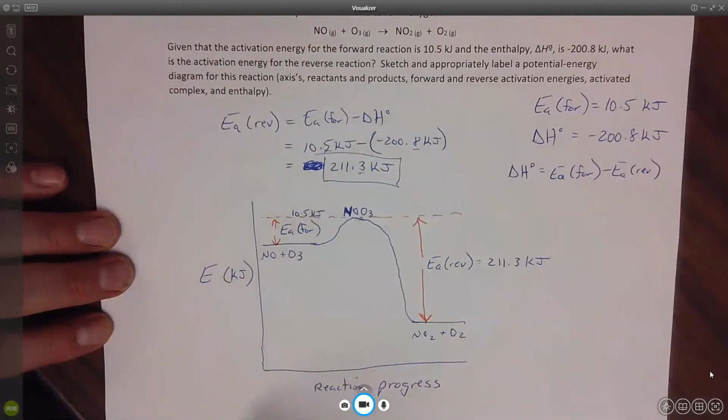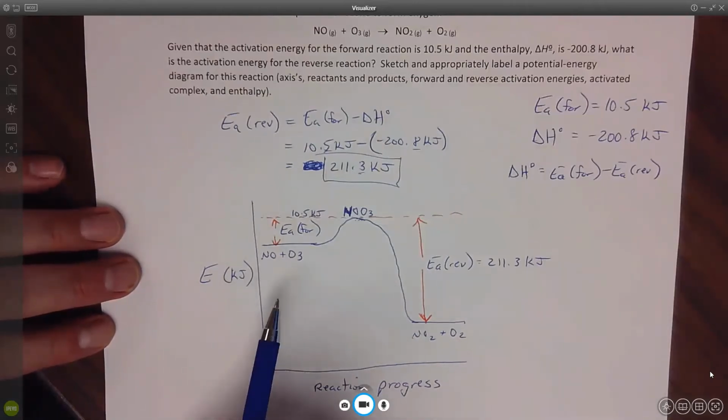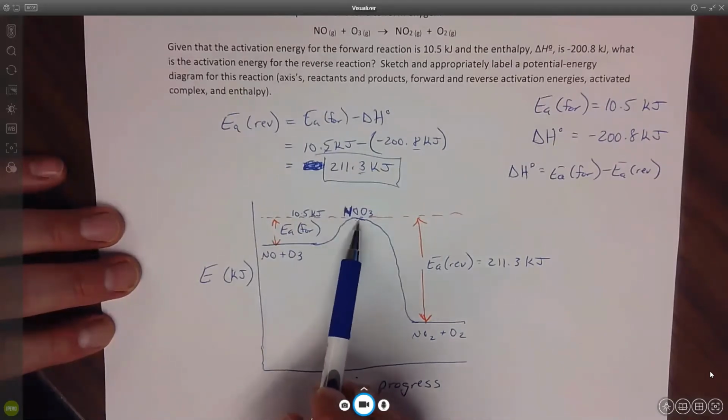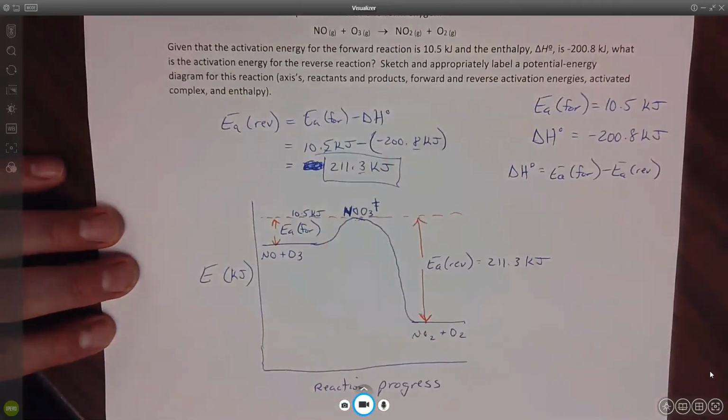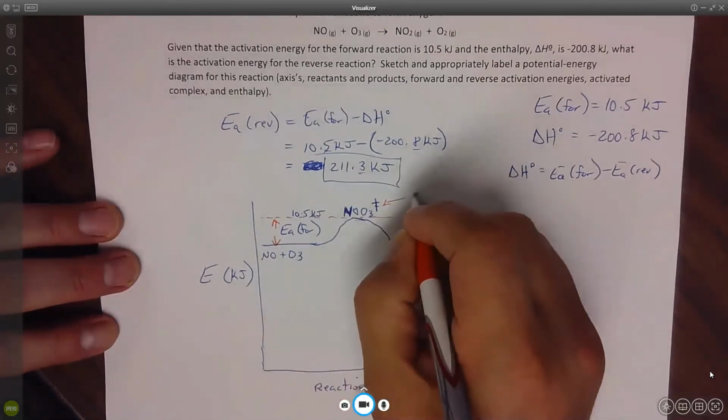What do we call that? Wouldn't that just be the activated complex? Absolutely. And how do I represent an activated complex? Do I have to add anything to this? No, it's a double dagger. It looks like that. And that is telling us that this is our activated complex.